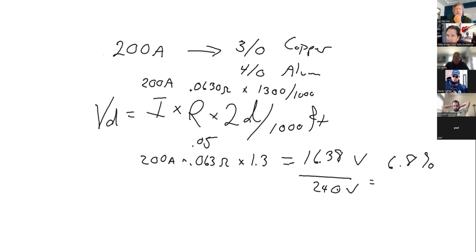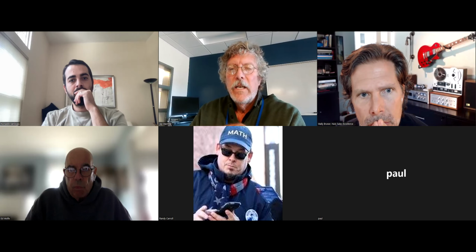Yeah, welcome to the wonderful world of home ownership, huh? Well, my guess is you're going to have to go with either 4-aught copper or 4-aught aluminum to make that happen. But you definitely have a voltage drop issue. And one of my rules of thumb is that if the distance is less than 200 feet, you don't have to worry about voltage drop.